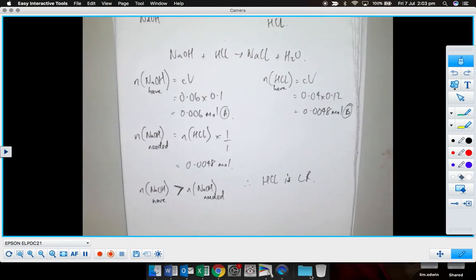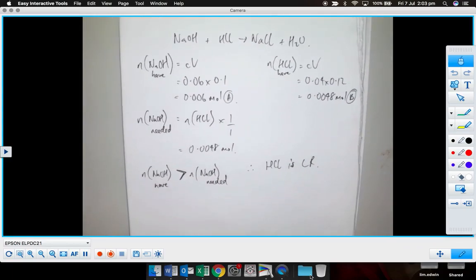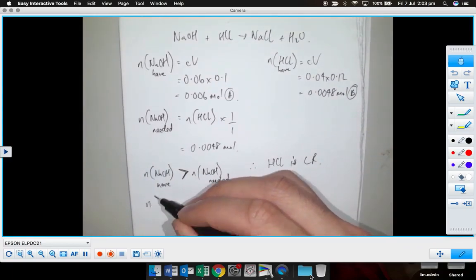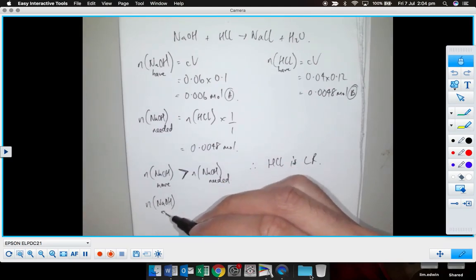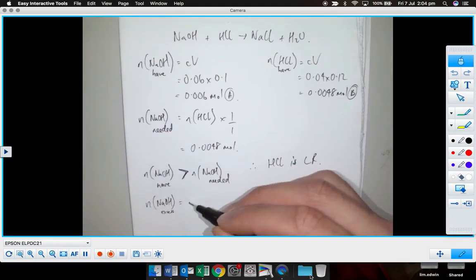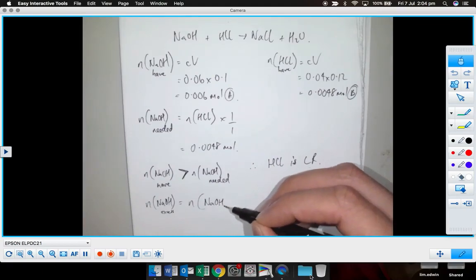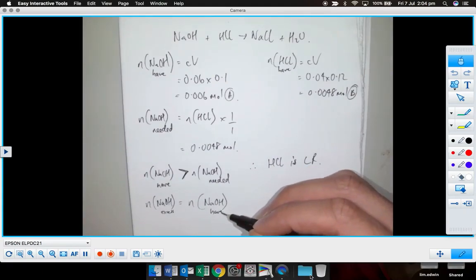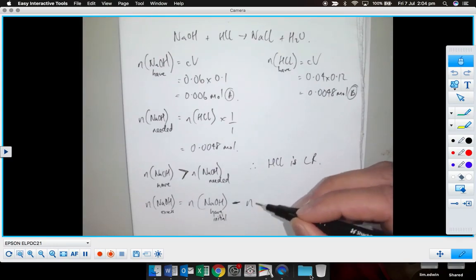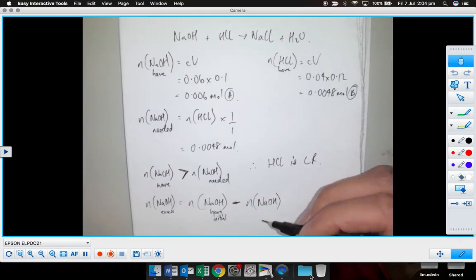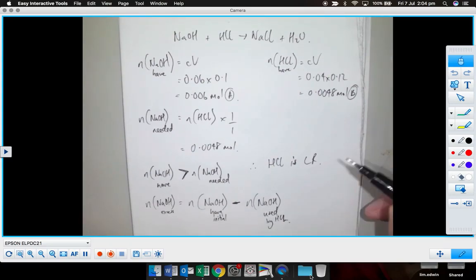Okay, so now that I've worked that out, I can work out how much NaOH is left over to work out the pH of the substance. So now I have to work out the number of moles of NaOH in excess, which is equal to the number of moles of NaOH I have initially, subtract the number of moles of NaOH used by the HCl.